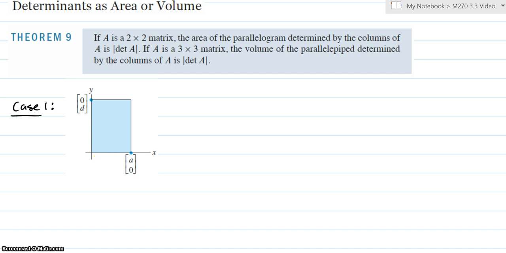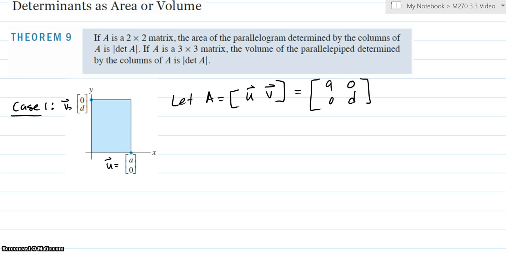I'm going to start with the simplest case, a rectangle, because we know the area of this is length times width, which is A times D. So let's let this be U and this be V. So let's let A be the matrix UV, which would be A, 0, 0, D. And you can see that the determinant of A is just AD.